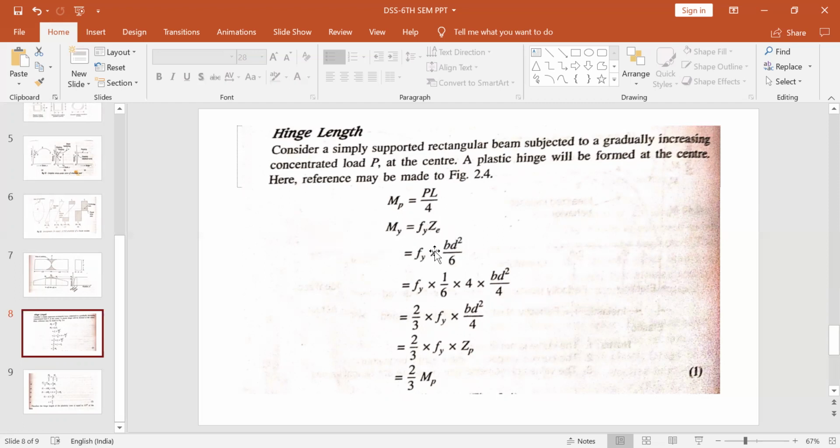Fy is the yield stress, and ZE is BD square by 6. So Fy into BD square by 6, which is 2 by 3 of Fy into BD square by 4. Let us keep BD square by 4 as ZP, the plastic section modulus.